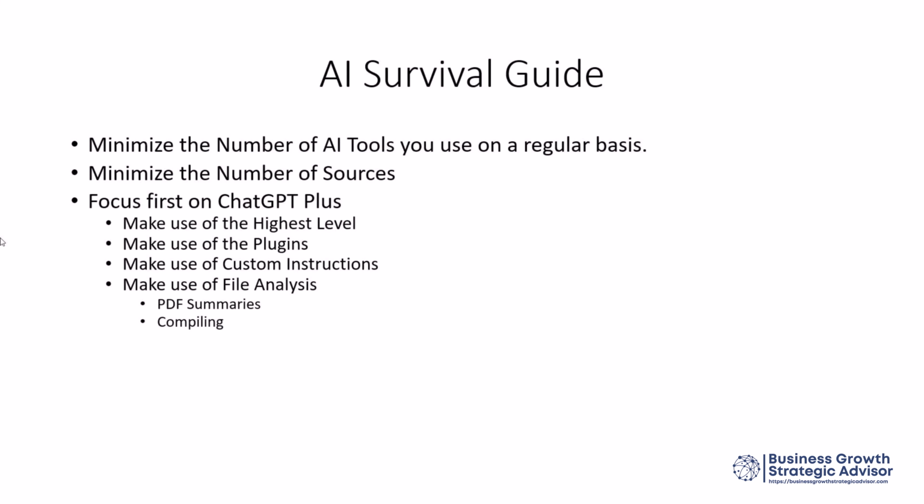It will compile documents. So if you have a number of different documents with a lot of different elements in them, you can take all those documents, squish them into one area, and get the gist so you can explain it to your customer.